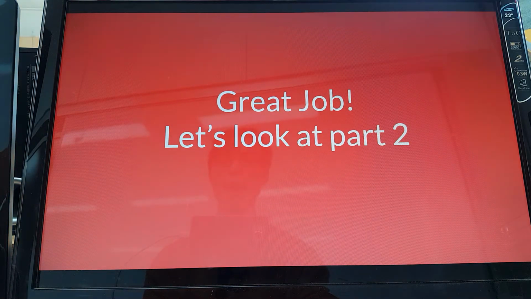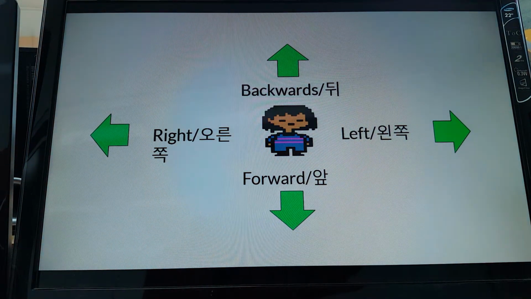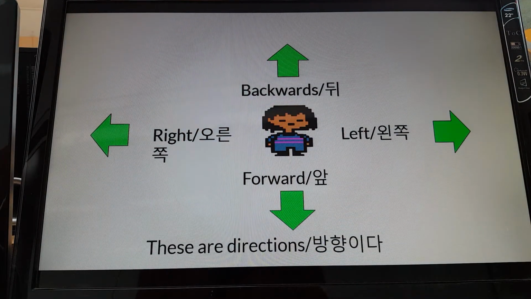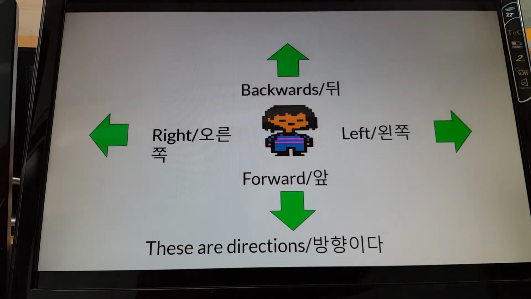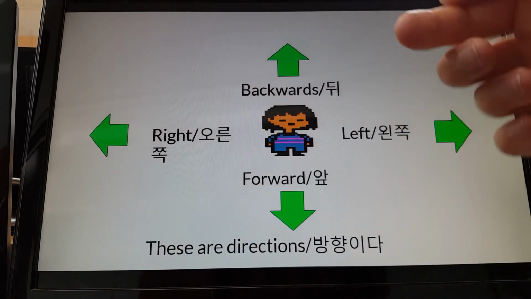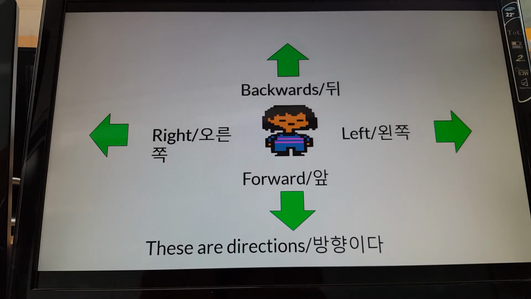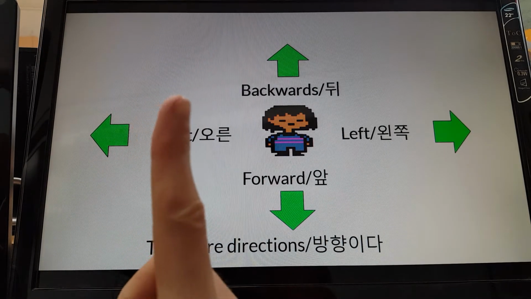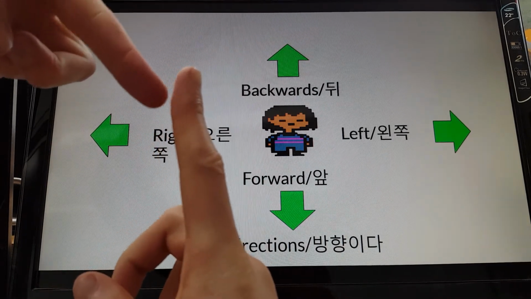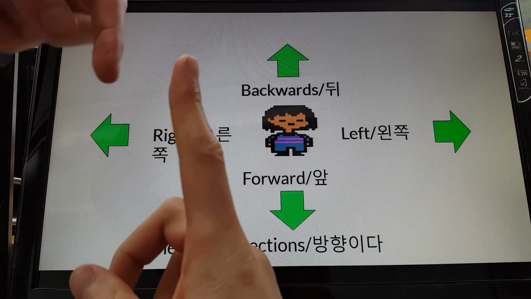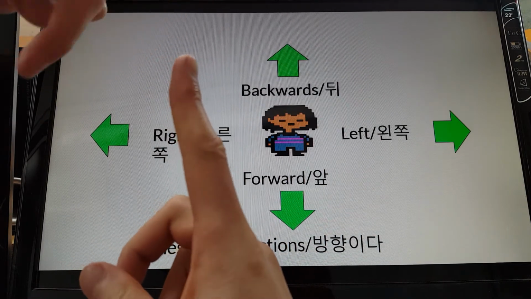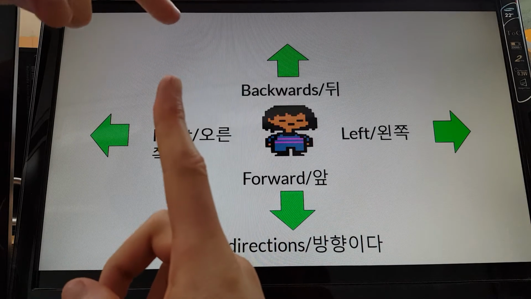Okay, let's look at part 2. So as we know, we learned that these are directions. Left, right, backwards, forwards. And it depends on where you're facing. So if my face is here, forward, backwards, left, right.